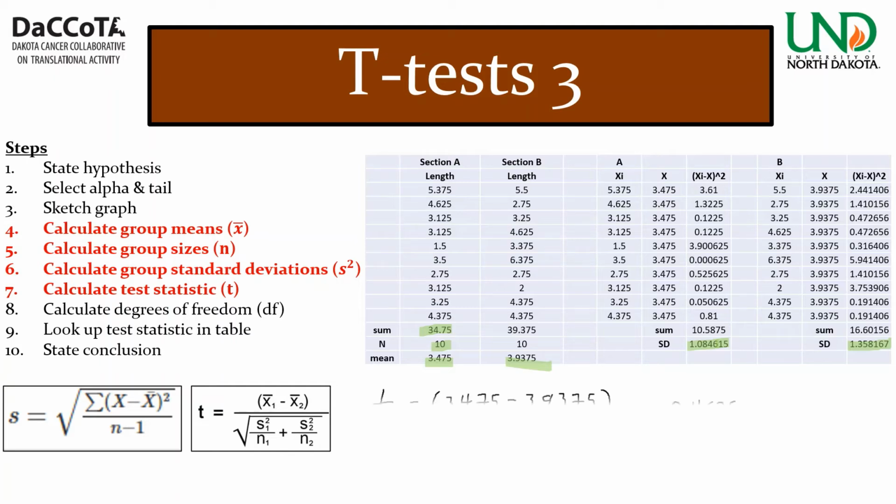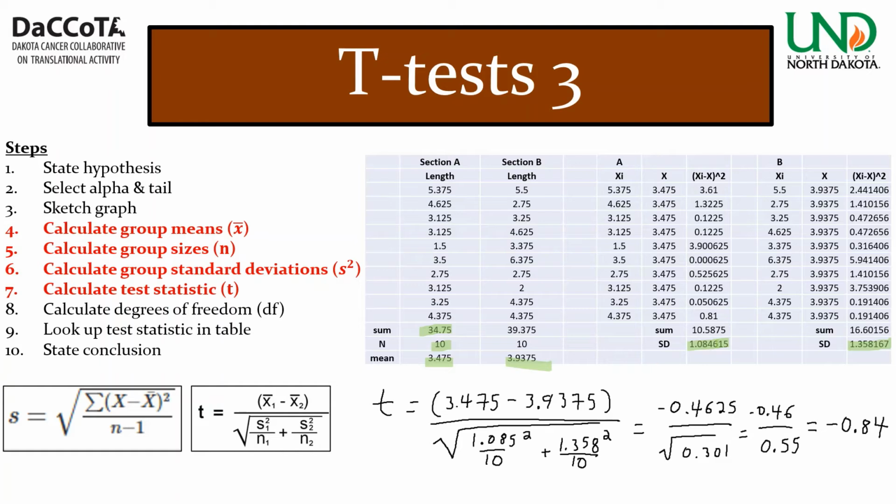Okay, then to get the test statistic, we're going to plug that all into this equation here. So again, we need to have the difference in mean. So I'm going to start using arrows. Okay, here, let's color here. So again, mean of A goes here, mean of B goes here, and then we have to take our standard deviation and square it.